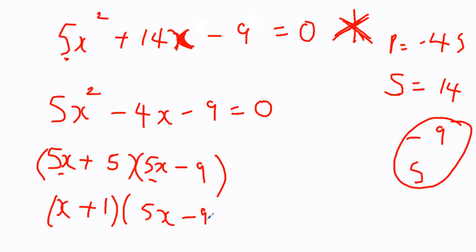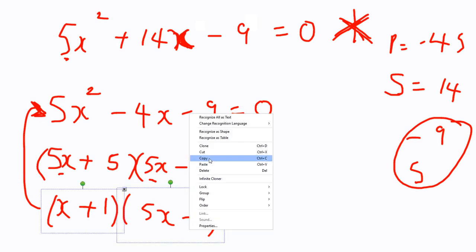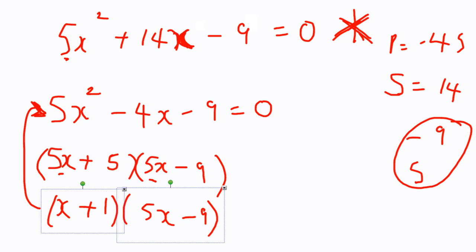Now if you expand this, you should be able to get this bit here. So let's try and see if we're going to get that bit. If I just copy this bit and expand to see if we're going to get the same stuff there.